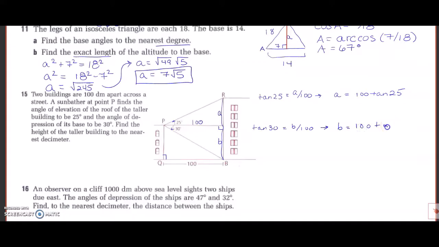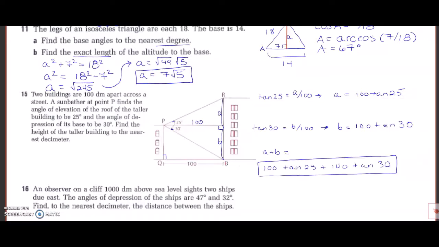So if I want the calculator ready form for the height of the building, I need to add A and B. That would be 100 tangent 25 plus 100 tangent of 30. That's my calculator ready form.